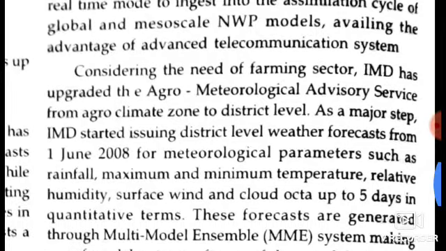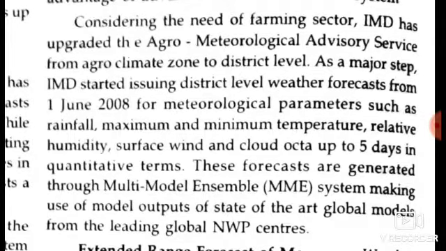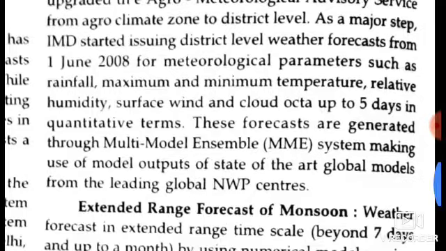Considering the need of the farming sector, IMD has upgraded the agrometeorological advisory service from agroclimate zone to district level. As a major step, IMD started issuing district level weather forecasts from 1st June 2008 for meteorological parameters such as rainfall, maximum and minimum temperature, relative humidity, surface wind and cloud octa up to 5 days in quantitative terms.